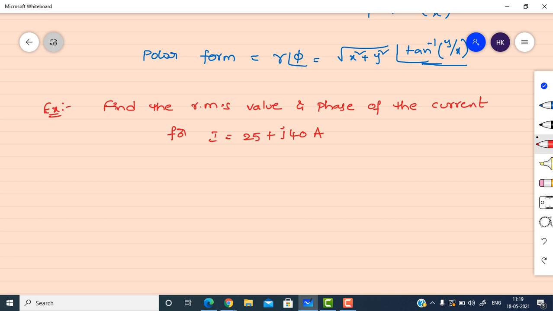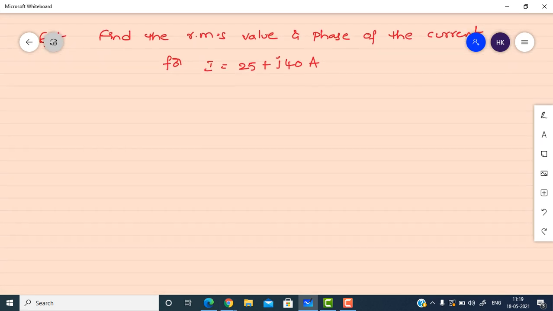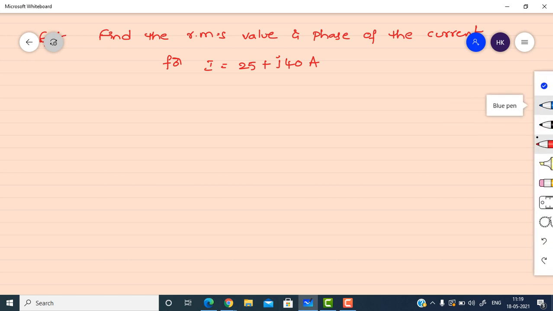Which representation is it? 25 plus j40 means polar form or rectangular form? Rectangular form. So the given form is rectangular form. You have to find the RMS value and phase. RMS value and phase means it is a polar form. So find the RMS value and phase.